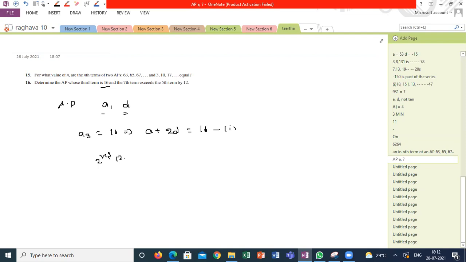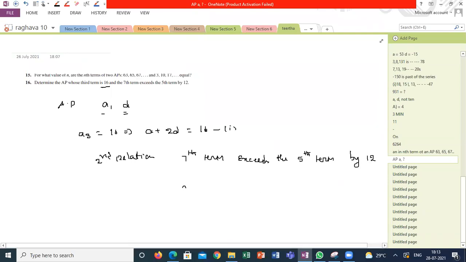The seventh term exceeds the fifth term by 12. That means A7 minus A5 is equal to 12.